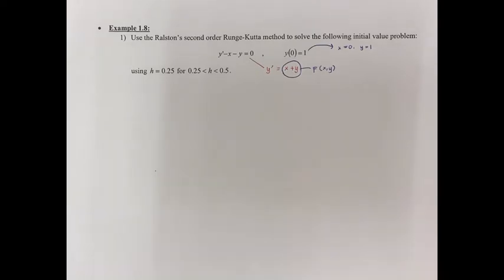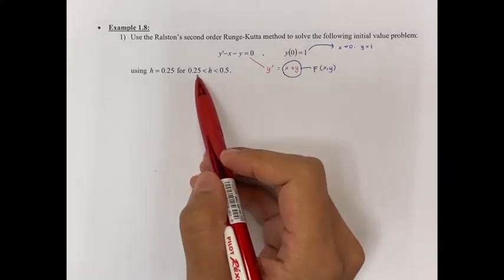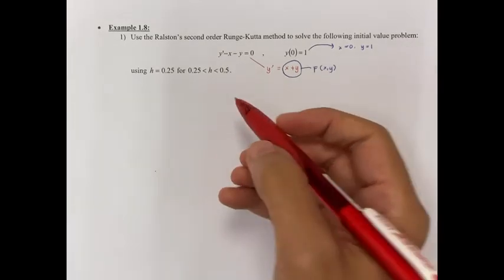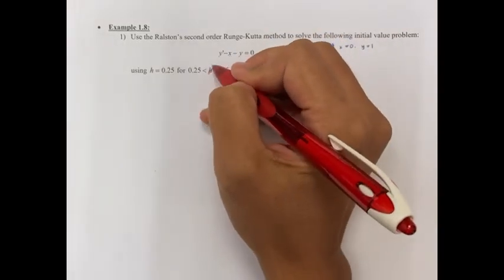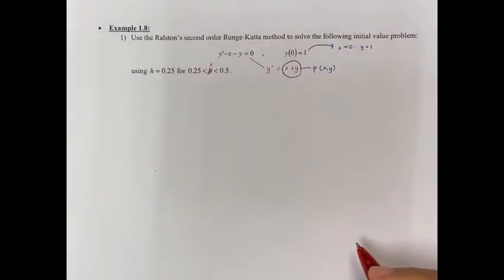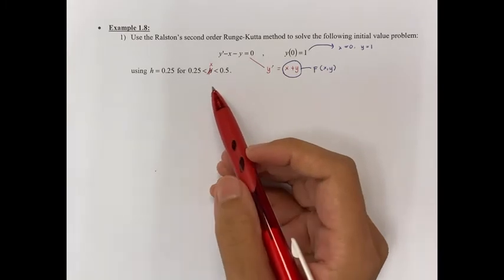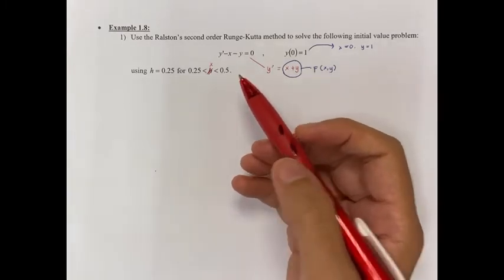Using step size h equal to 0.25 for x, until 0.5. They give you the interval of x from 0 to 0.5.